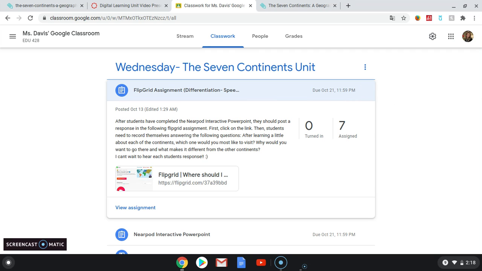So I let him submit a Google document where he could draw a picture of where he would want to visit and write a few words about it, and then upload the image of it onto a Google document and submit it. So that was one of my forms of differentiation.